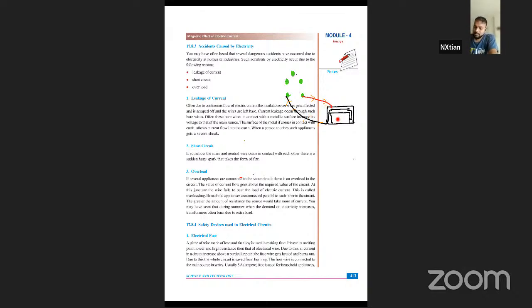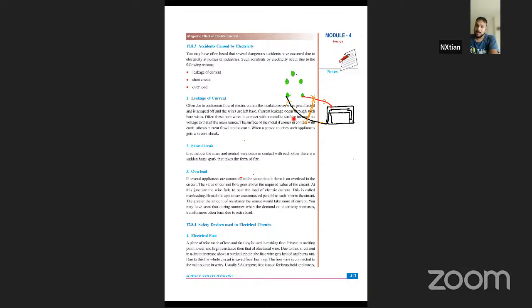Now, because of some reason, if the insulation of the red wire and the insulation of the black wire got ripped, and they touch, the circuit becomes short. Before, the circuit was whole, but now they are attached to each other, so it becomes a short circuit, and because of that, they might have a fire.